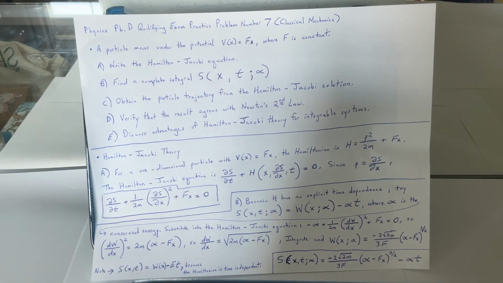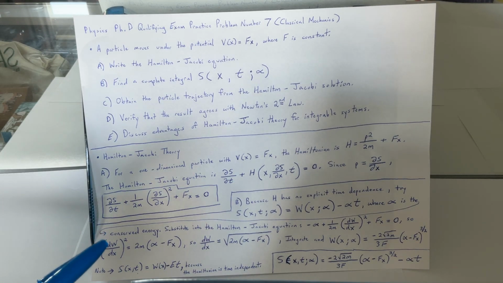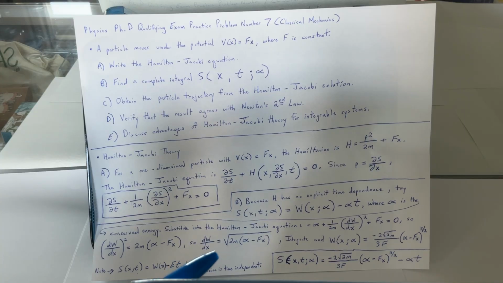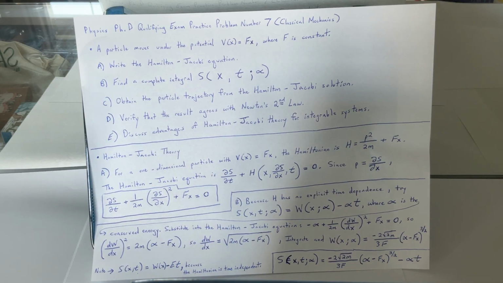Substitute into the Hamilton-Jacobi equation: −α + (1/2m)(dW/dx)² + Fx = 0. So (dW/dx)² = 2m(α − Fx), and dW/dx = √(2m(α − Fx)).